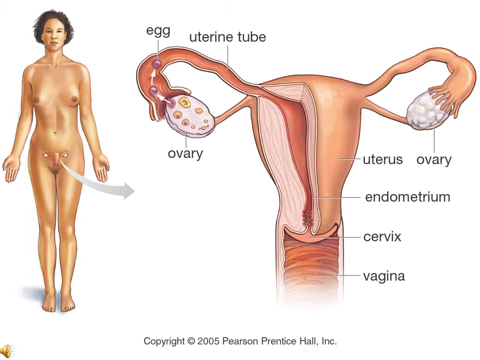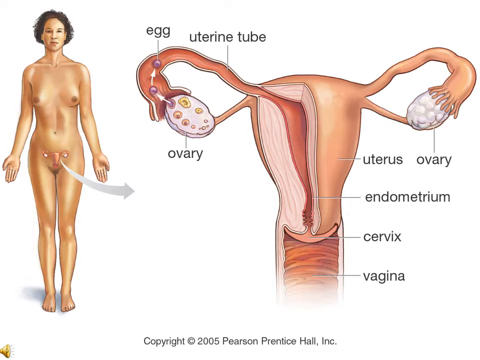The fallopian tubes extend into the uterus, and the uterus, of course, is where the embryo will nest itself, or I should say implant itself, and form the fetus, and the fetus, of course, eventually will be delivered through the cervix and comes out through the vaginal canal.